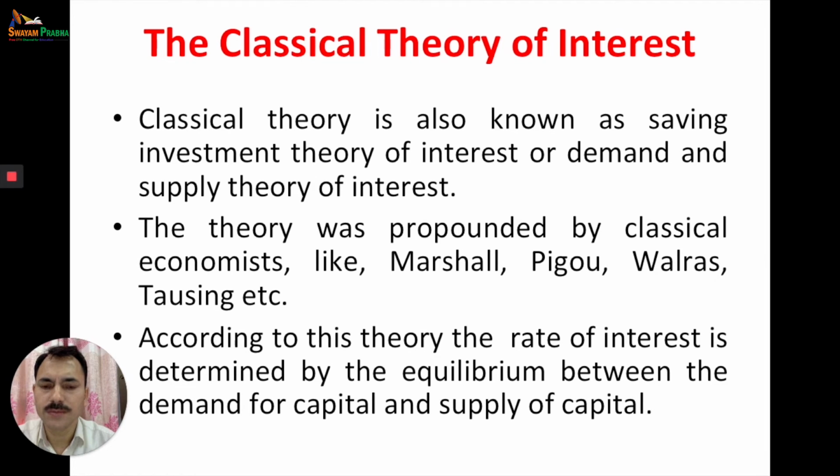According to this theory, the rate of interest is determined by the equilibrium between demand for capital and supply of capital. Demand for capital and supply of capital determine the rate of interest according to the classical theory.